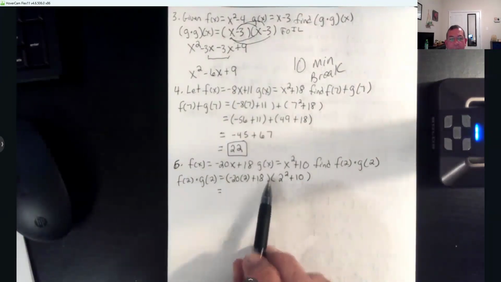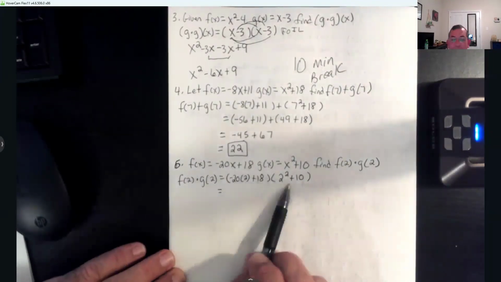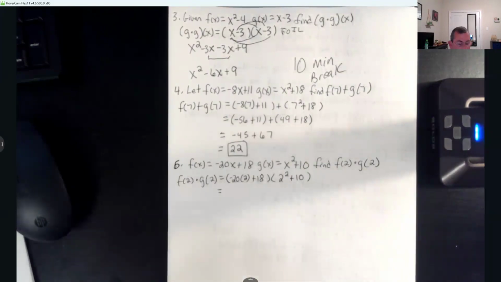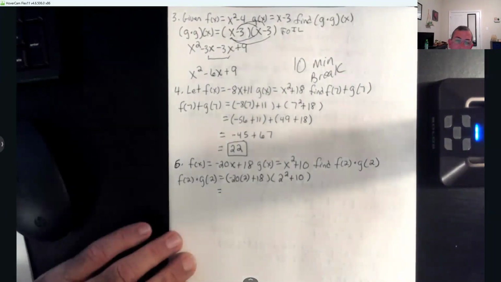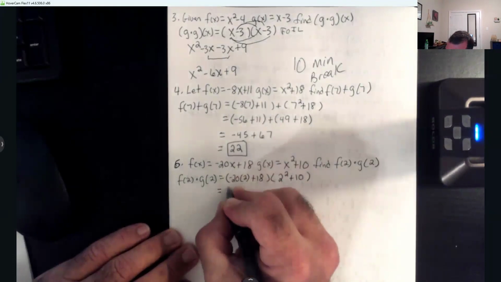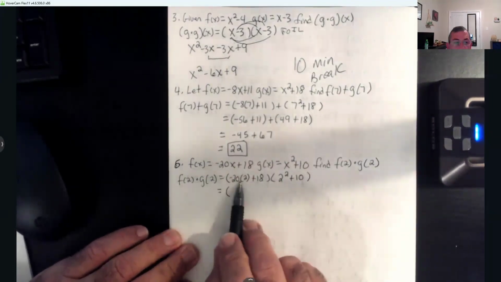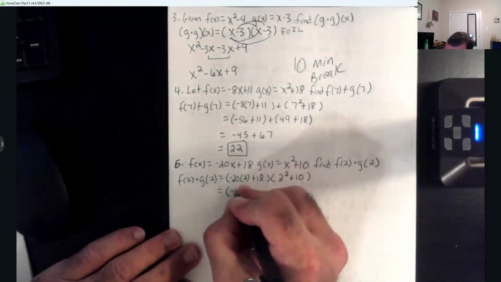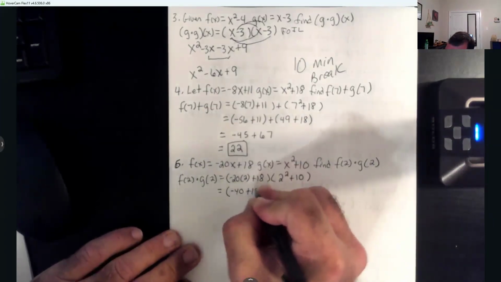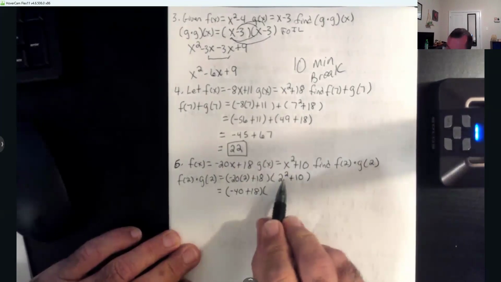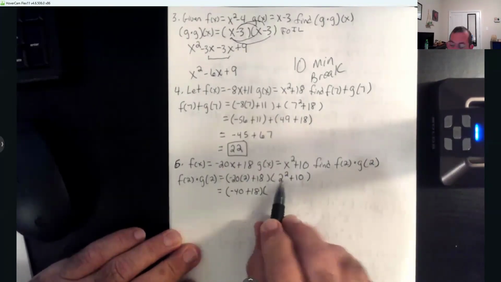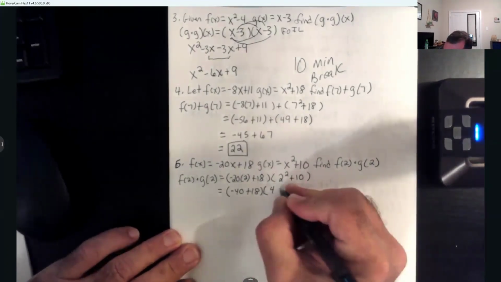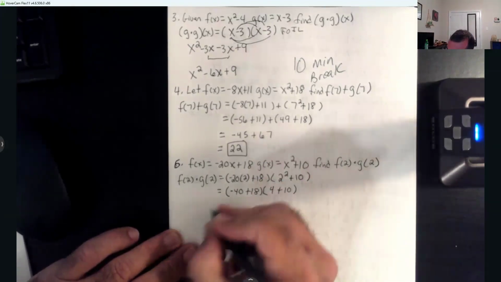So the multiplication would be my last step. I'm going to finish each parenthesis first. Once I get my parentheses done, then we'll multiply, okay? So in the first parentheses, we would multiply first and get a negative 40 plus our 18. Second parentheses, I would square the 2 first and get a 4 plus my 10.